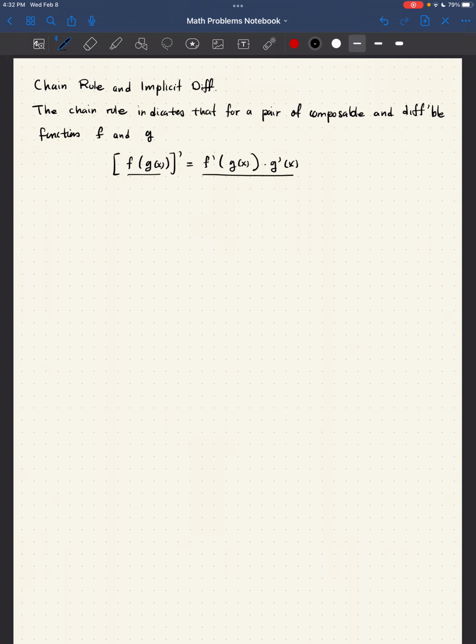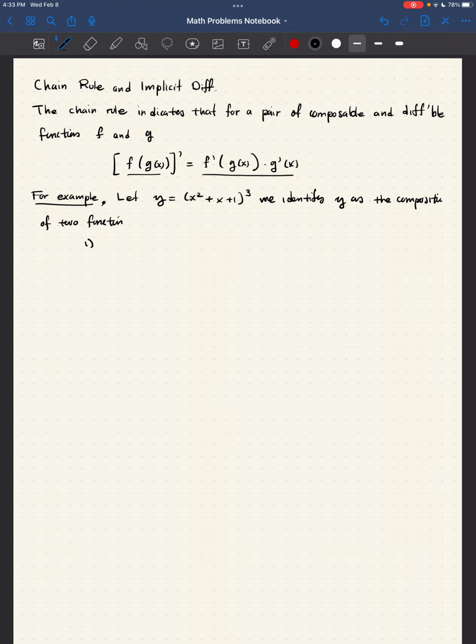So, for example, if we let y be given by (x squared plus x plus 1) cubed, we identify y as the composition of two functions.